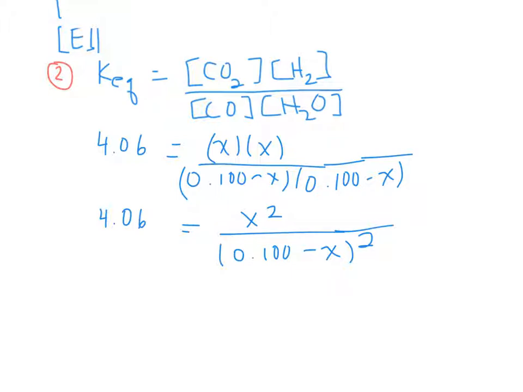In this case I see something that makes life pretty easy: I have a square in my numerator and a square in my denominator. So I can simply take the square root of top and bottom, and whatever I do to the left side I have to do to the right side as well.